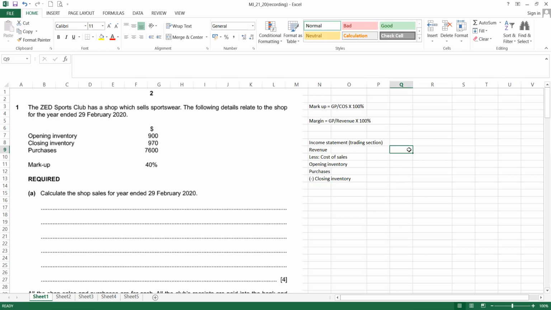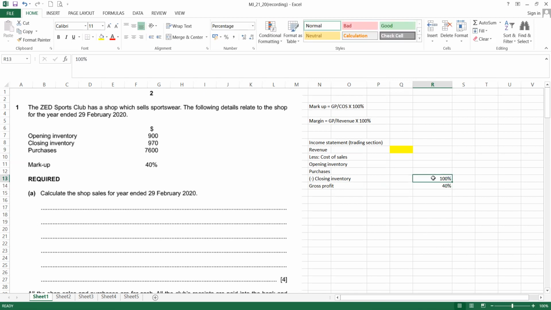Okay, I put in the amounts. This one we don't know, which is what we need to find. The question asks us to find it. And they say that the markup is 40%. This 40% is over the cost of sales.